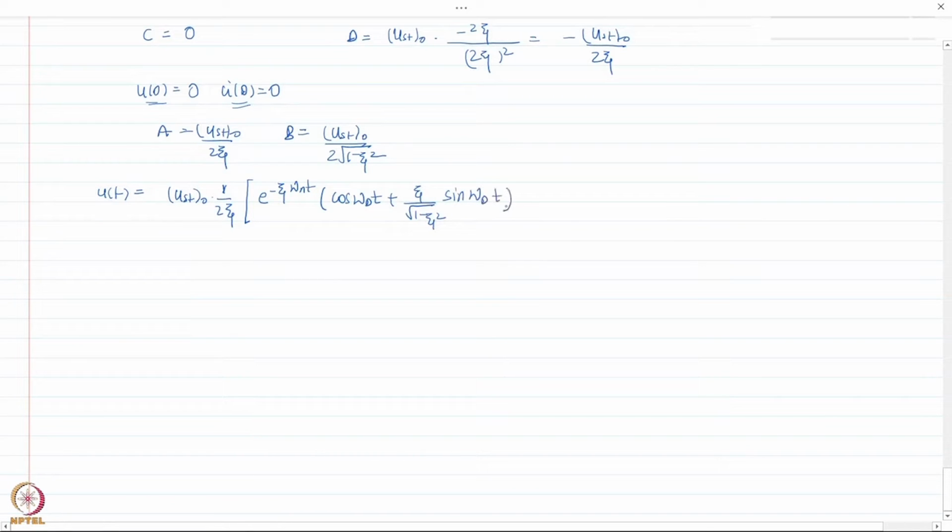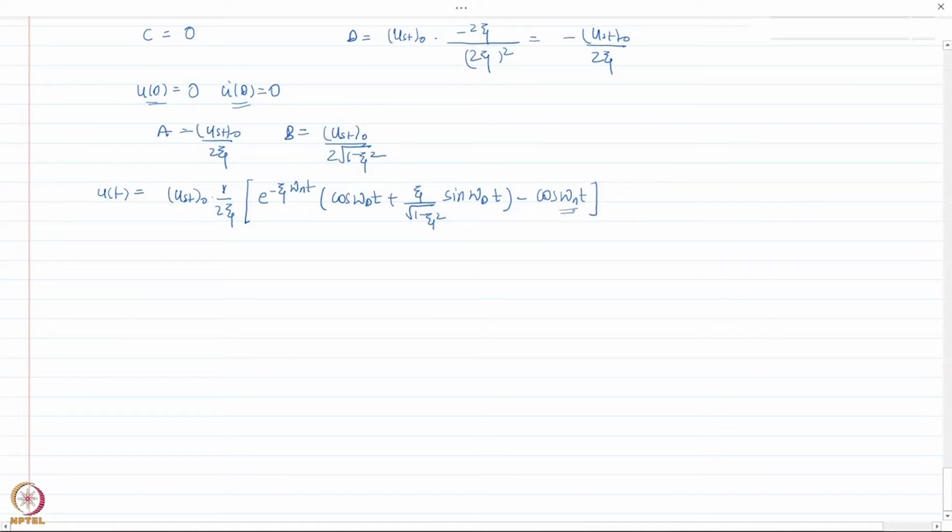This is the transient part of the solution. And then I have another term, which is cos omega_n t. So I basically get this expression here.